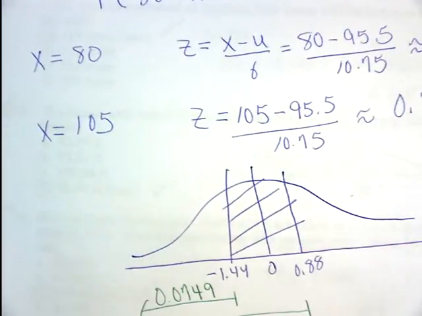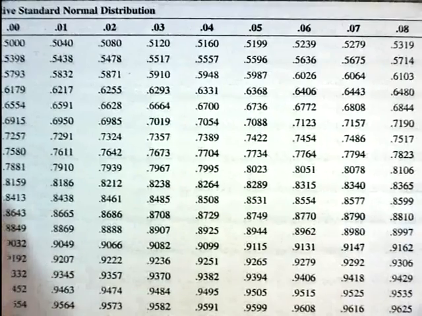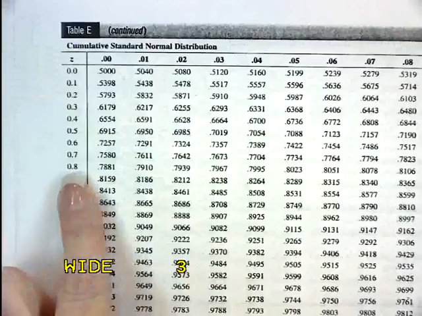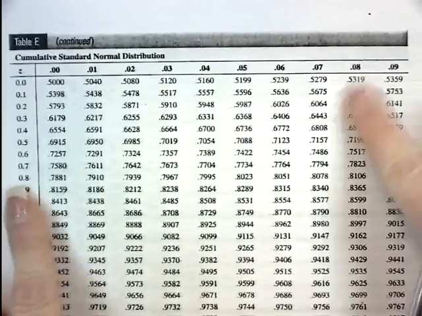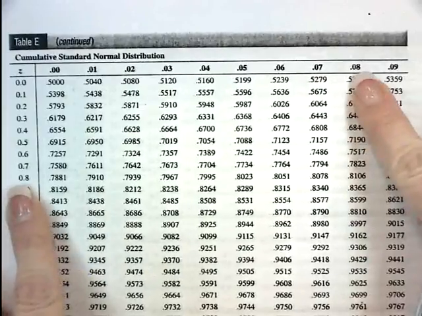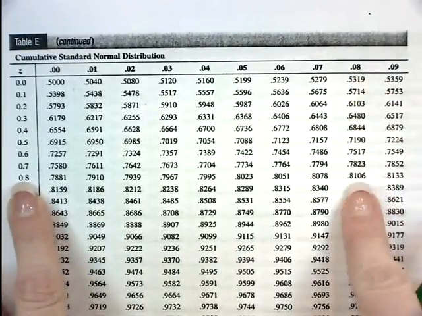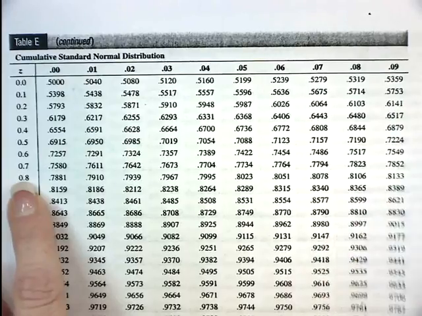And then if you look up a z-score of positive 0.88, left finger on 0.8, right finger on 0.08, your 2 fingers meet at 0.8106 in the table. So that is the area below z equal to 0.88, 0.8106.